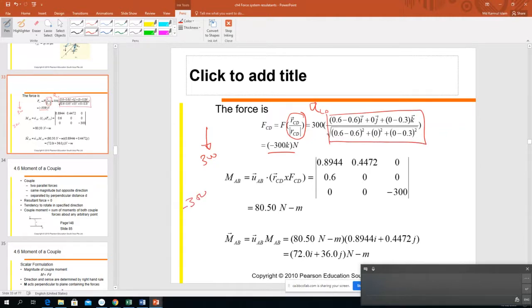Because it is downwards, so minus 300 is the magnitude. For x it is i, for y it is j, and for z it is k. So it is the z direction, so just write the k. But if you don't understand this, follow this procedure. Yes, I think that's better because it's the original one. It will give you the same answer. No problem.